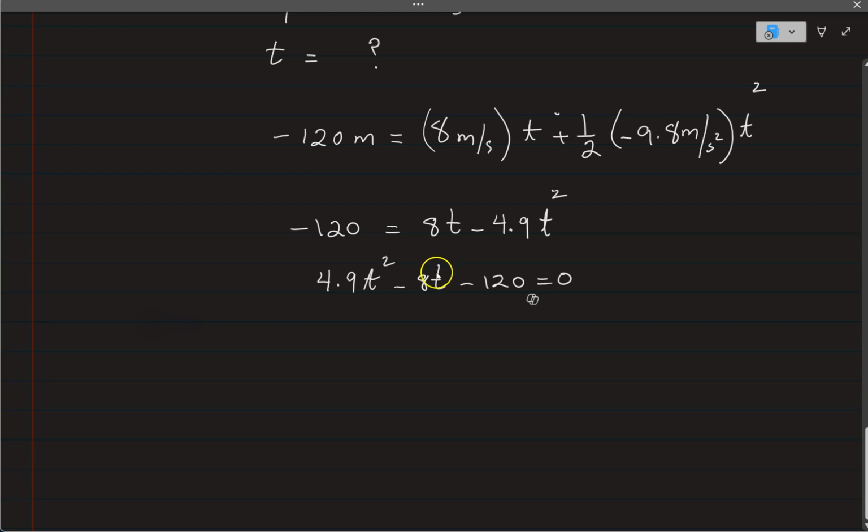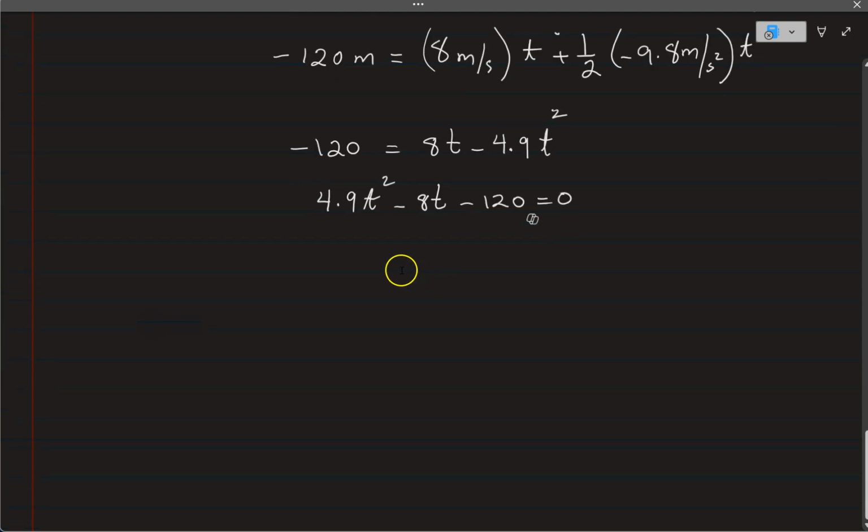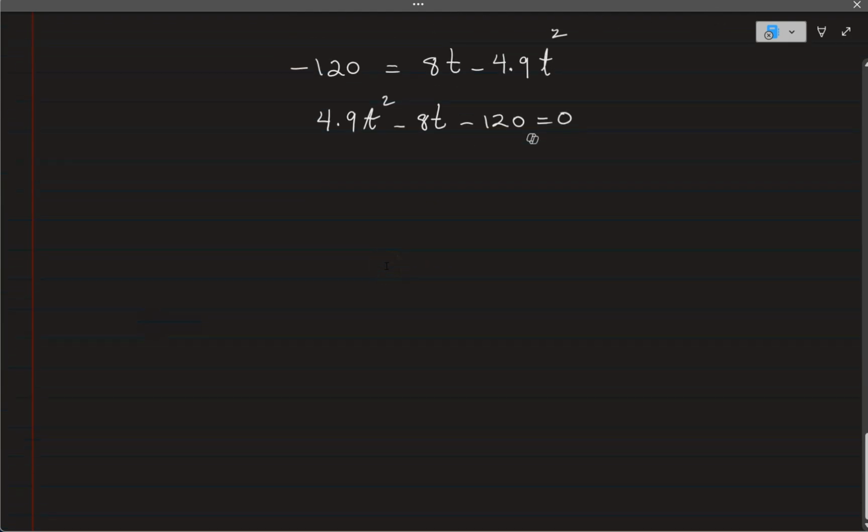In here, you have to use the quadratic formula. And for the quadratic formula, if you don't remember, I'm going to put a link to a card about using the quadratic formula, but the formula is given by this: minus b plus or minus the square root of b squared minus 4ac, all over 2a.